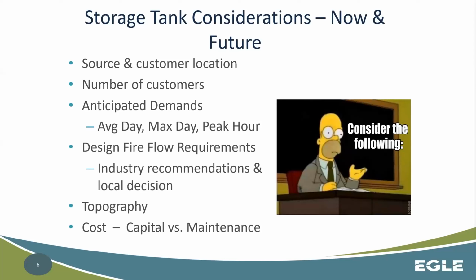Obviously the number of customers can greatly affect that. You can also maybe focus on the fact that you don't have a lot of customers, but you have a lot of industry, and maybe that industry uses a lot of water. So it's a balance here. You've got to figure out what fits best for your individual system.